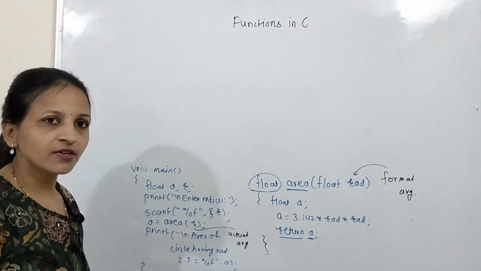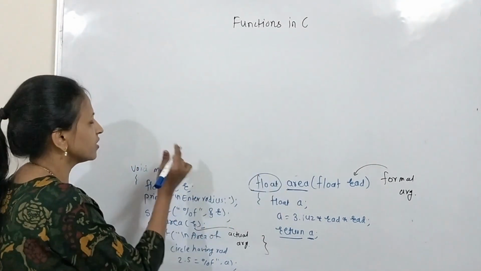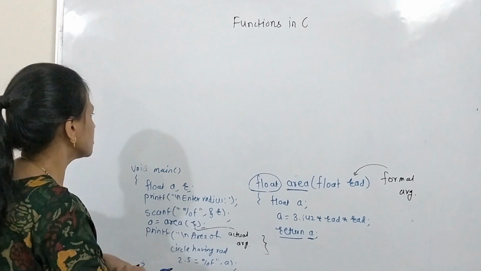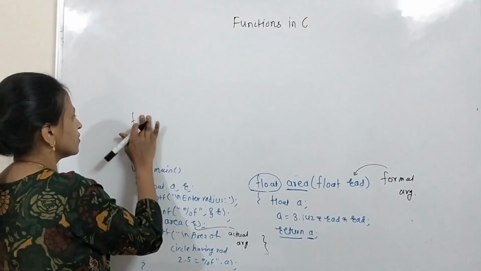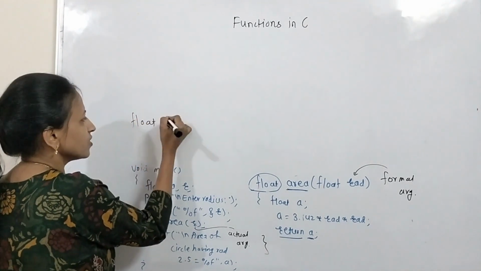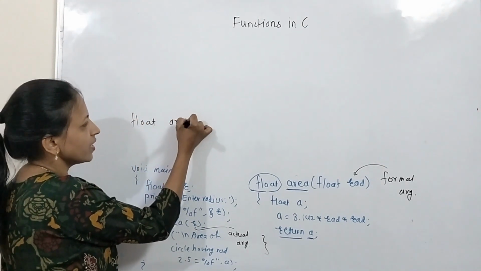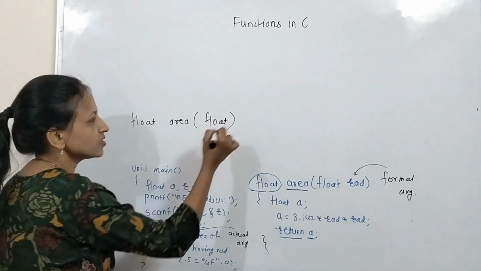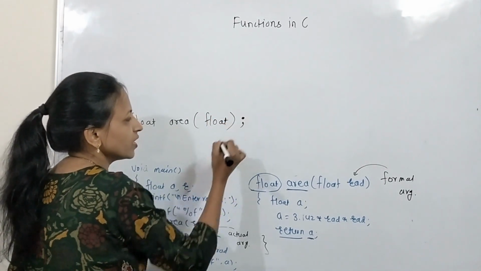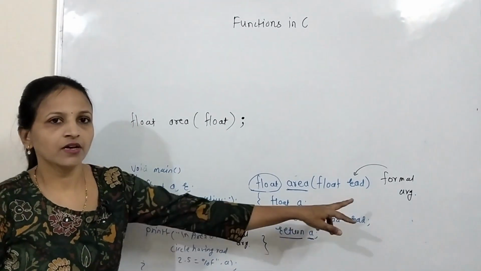Now how to declare that function? Just write the header: the return type of that function, here float. Then the function name is area, and here we are passing one argument only, of type float, and just give a semicolon here. Here I have not written that rad.